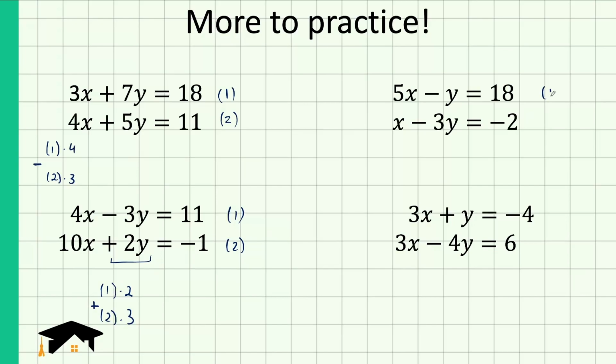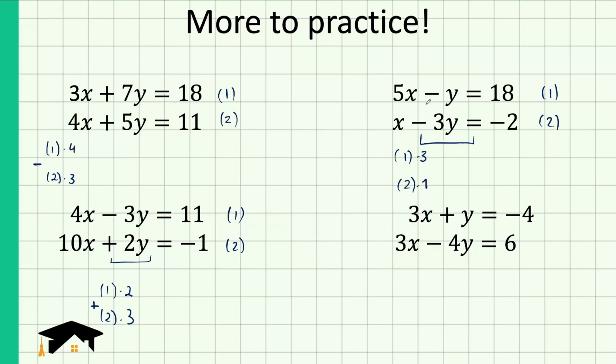For this one, equation 1 and 2, let's say that again we want to eliminate y. Then we multiply equation 1 by 3 and equation 2 by 1, so just keep it the same.